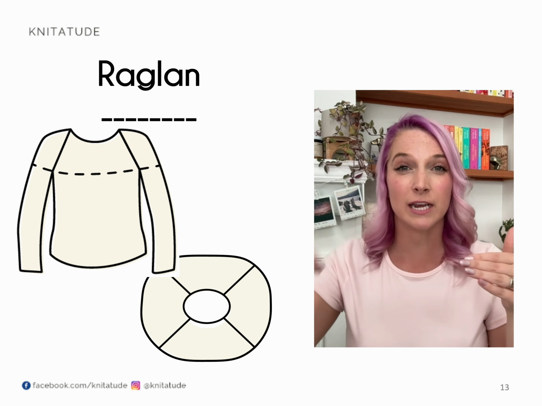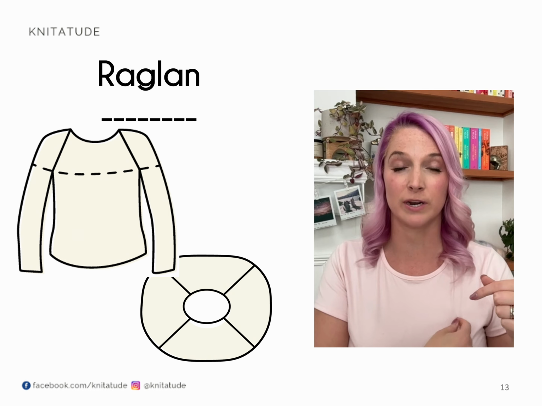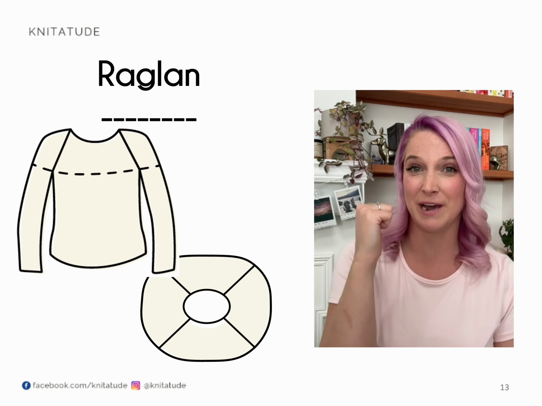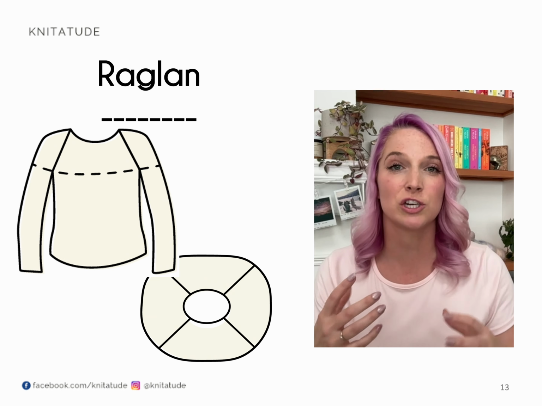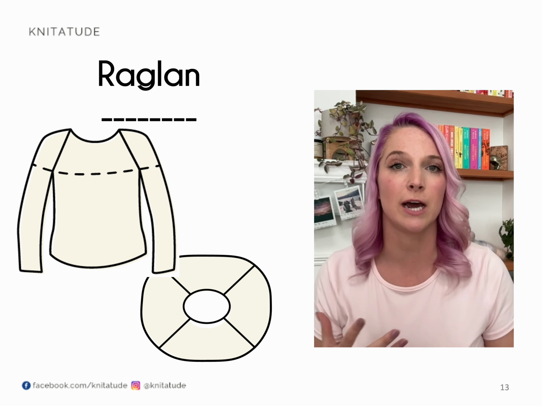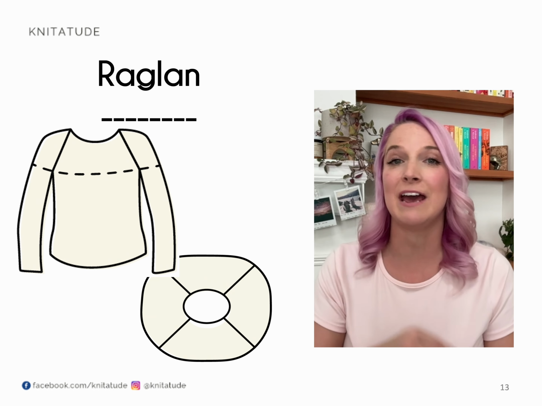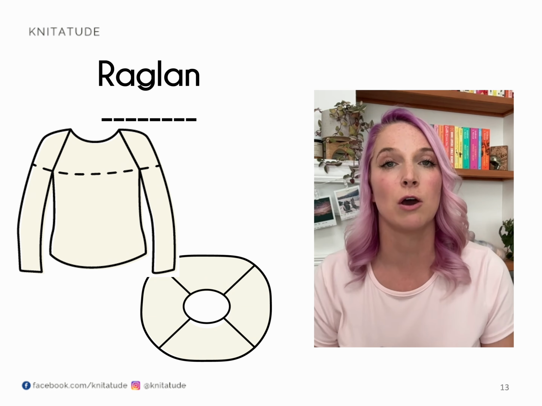And on each quadrant, you are usually doing an increase and an increase, an increase and an increase, an increase and an increase on the back, and then an increase and an increase on the shoulder. So essentially you're working 8 increases at the same time. Usually with a raglan, you are going to be working those increases every 2 rows, or 2 to 4 rows, unless you start doing a compound raglan.